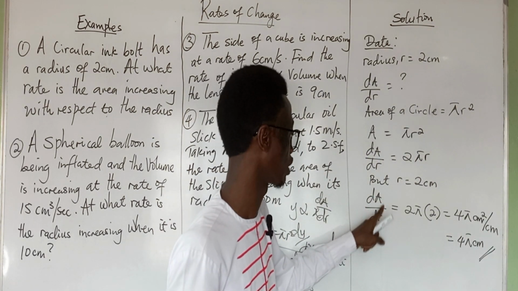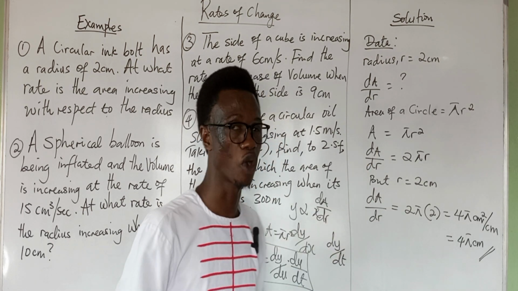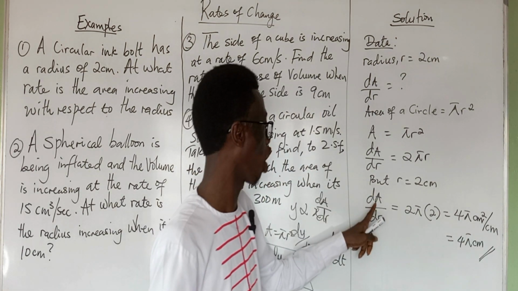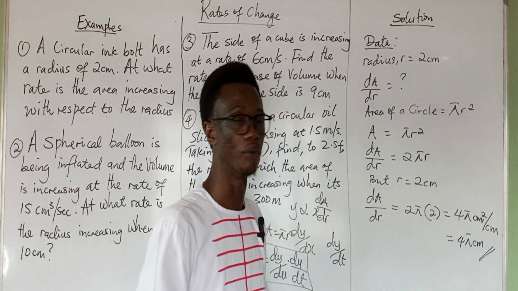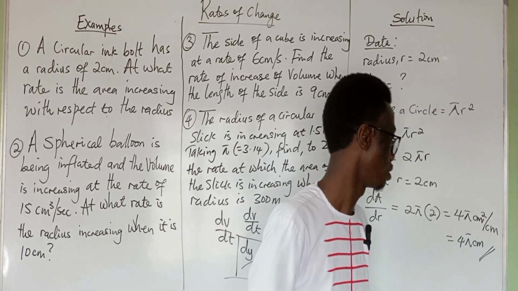So that's the rate of change of area with respect to the radius, which is cm square upon cm.